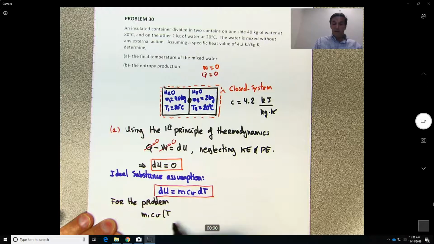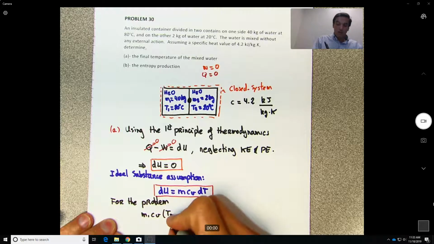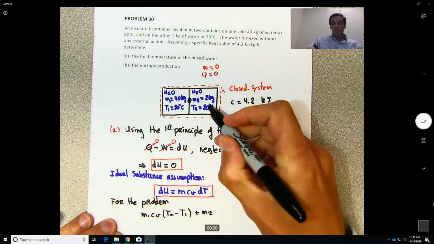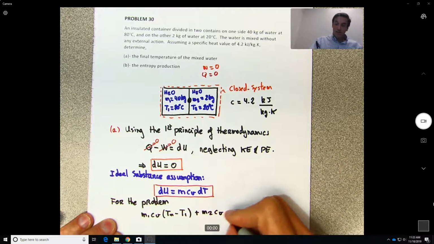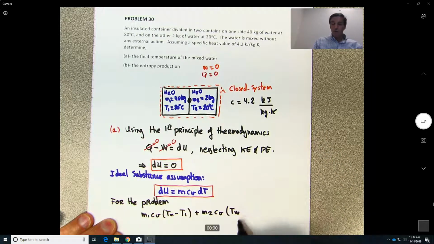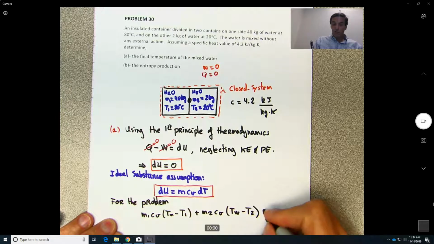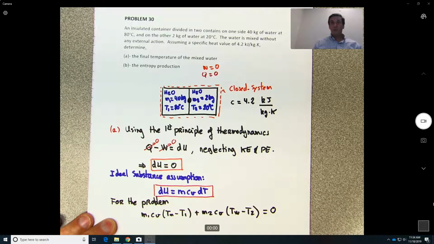The final temperature of the mixed water minus the initial temperature T1. And then we need to look at what happened with the water on this side, M2 Cv, temperature of the mixed water, the final, minus the initial T2, will be equal to 0.